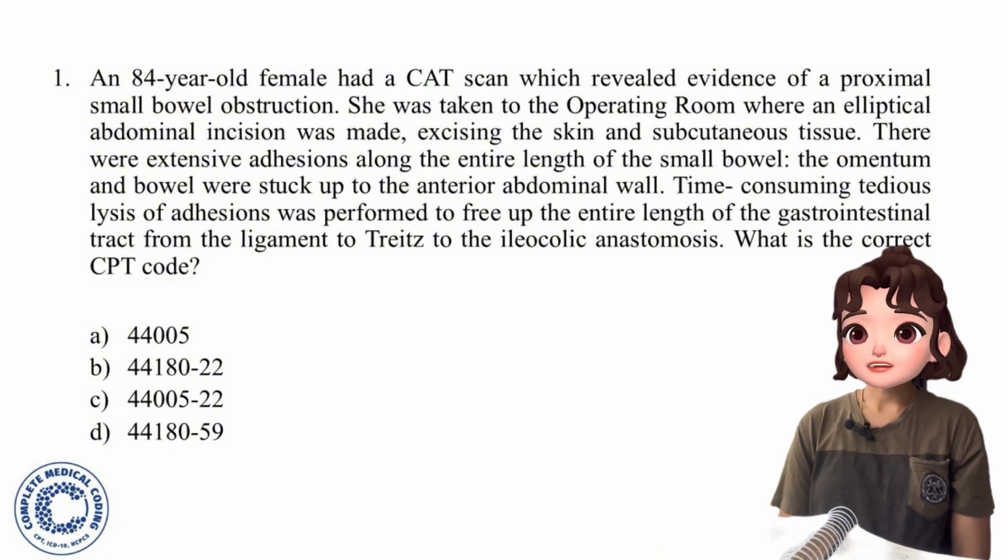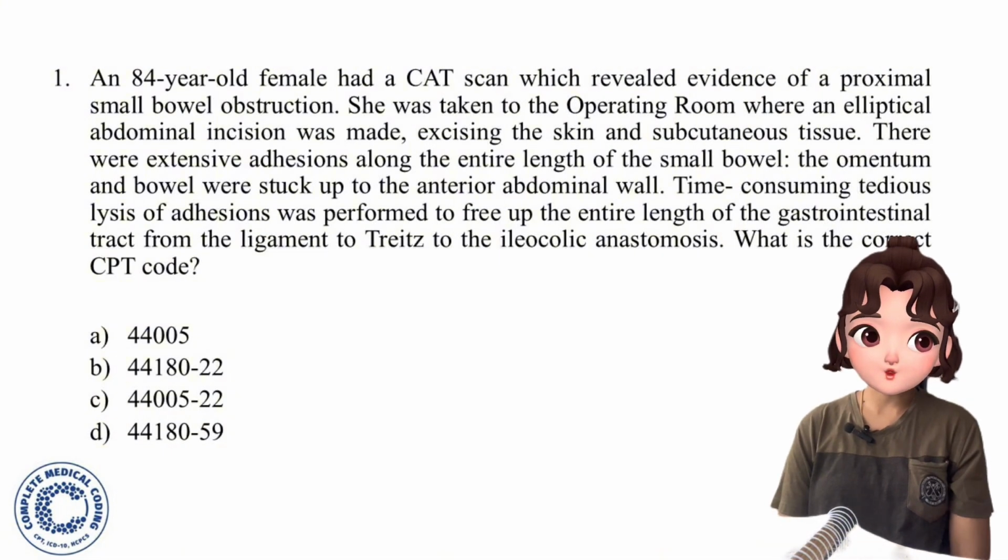There were extensive adhesions along the entire length of the small bowel. The omentum and bowel were stuck up to the anterior abdominal wall. Time-consuming tedious lysis of adhesions was performed to free up the entire length of the gastrointestinal tract from the ligament to trace to the ileocolic anastomosis. What is the correct CPT code?